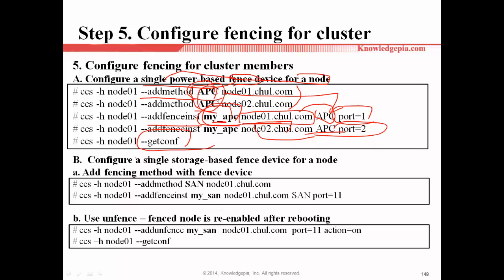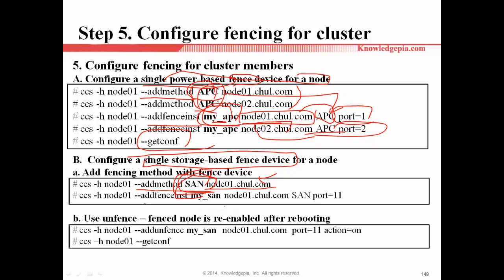B, single storage-based fence device like this. In this case, at first we need to create the method, the same as for power-based fencing. So here in my case, the node01 char.com will be a member of this method, and this node will use this fencing method.